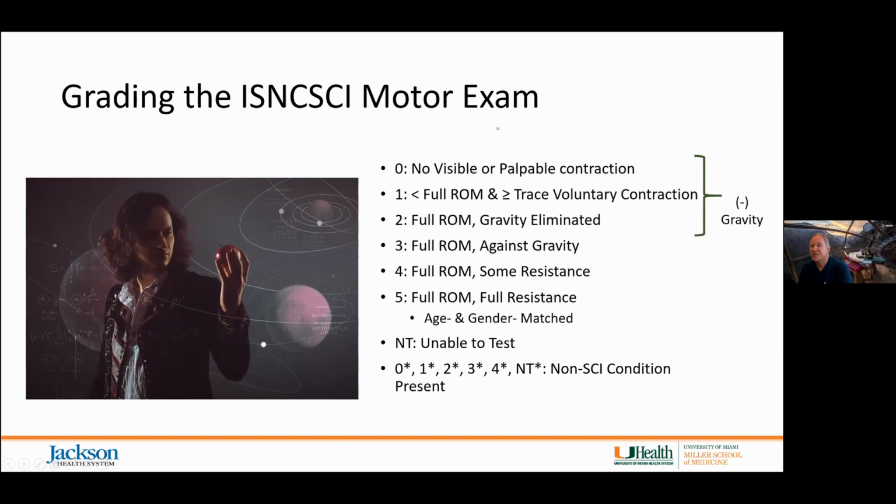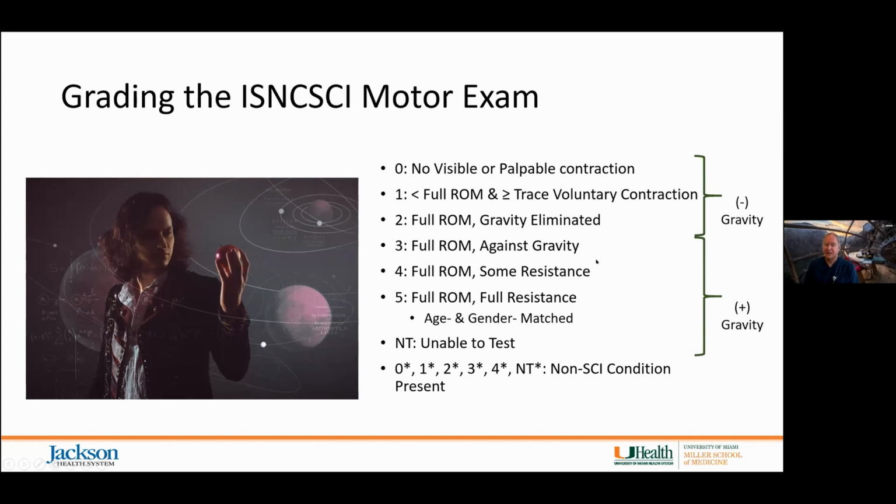So if there's no visible or palpable contraction, you give them a 0. If they have a trace voluntary contraction, but they can't take it through a full range of motion with gravity eliminated, you're going to award them a score of 1. If they can go through the full range of motion with gravity eliminated, then we're going to score them a 2. And then we go into the gravity side of things.